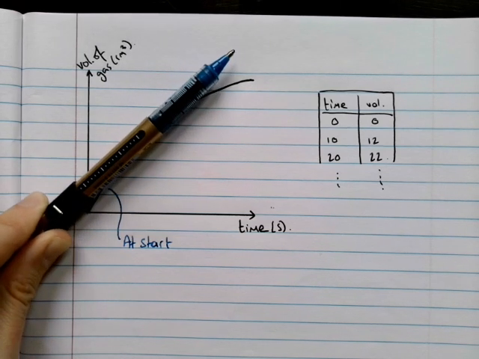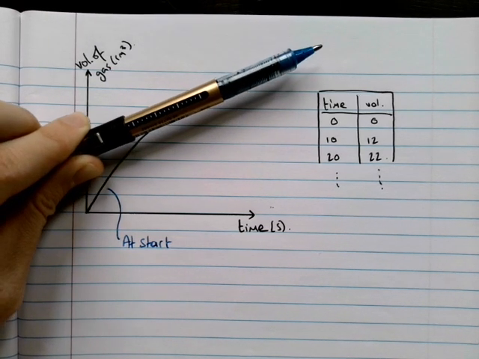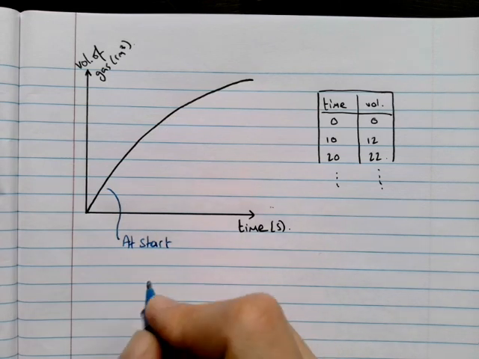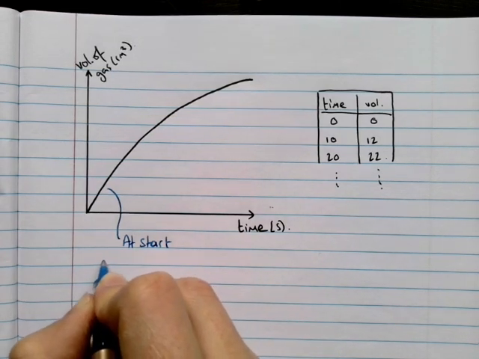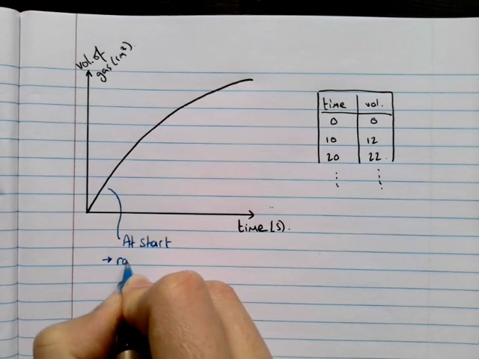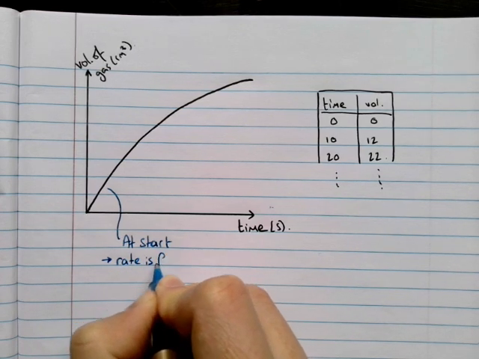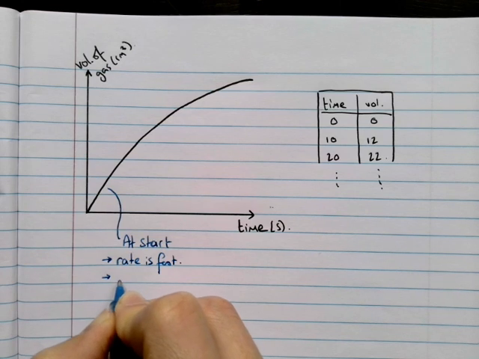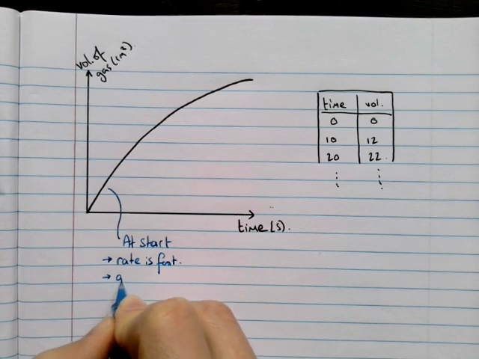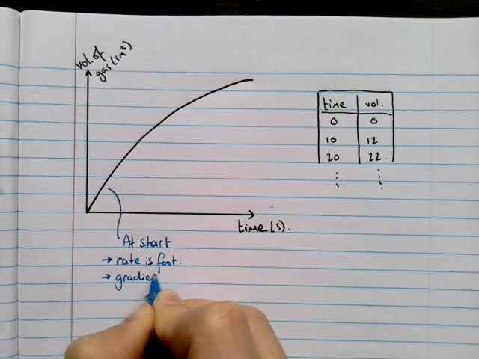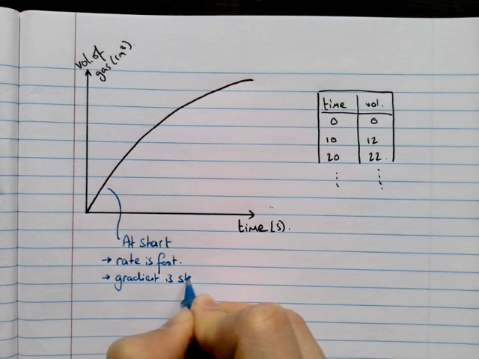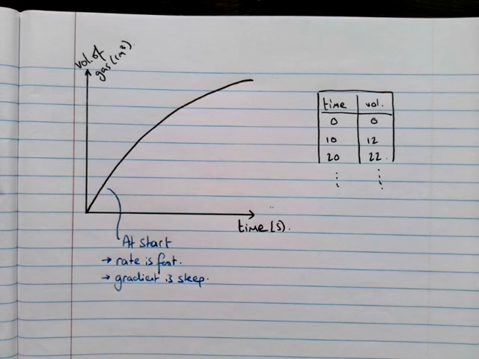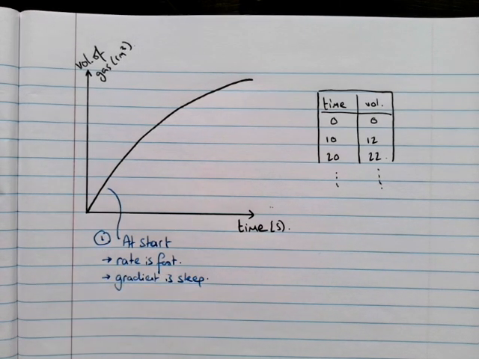The steepness of the gradient decreases, so it gets less steep. So at the start, the rate is fast, so the gradient is steep. That's number one, the first important thing you need to notice.